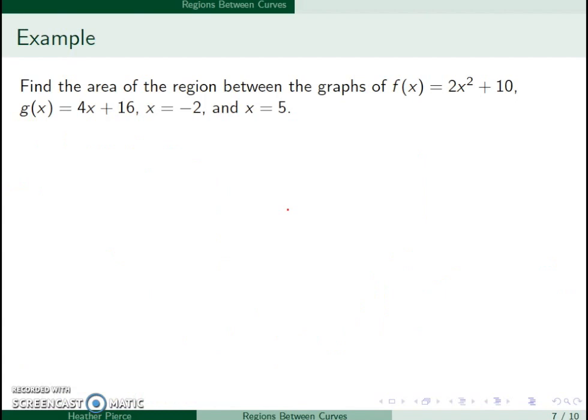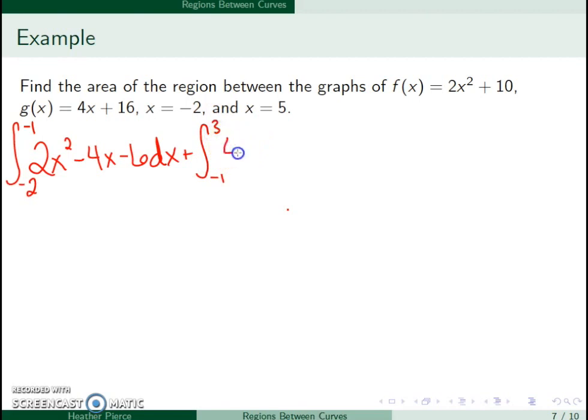So now let's actually calculate this. So we would want to add all 3 of those integrals together. So the first one ran from negative 2 to negative 1. And after we simplify it, it would be 2x squared minus 4x minus 6 dx. The next one ran from negative 1 to 3.